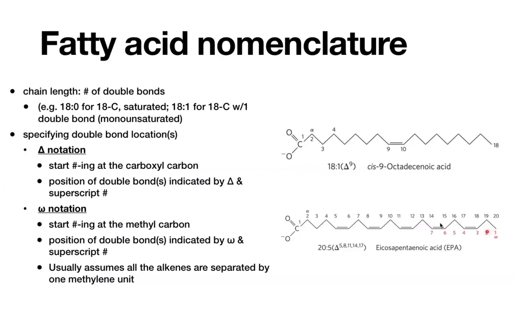But with the omega notation, remember, now you're going from the other end. So if we wanted to name EPA in terms of omega, we could say 1, 2, 3. So this would be an omega-3 fatty acid. There are some omega-3 fatty acids that we can't make directly, and then we can make others from those, which is why you need some of the omega-3 fatty acids in your diet.